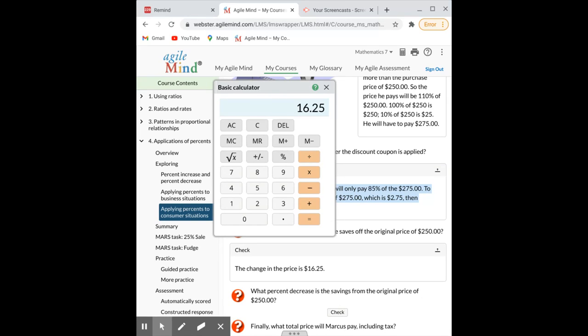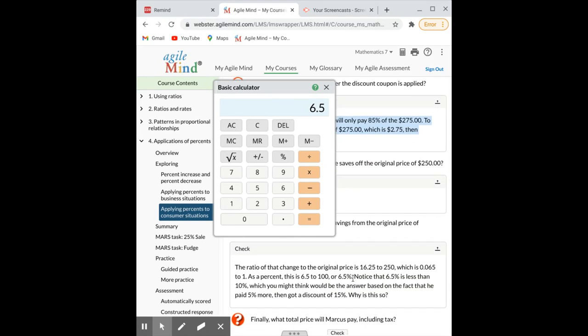And so the way we do that is we take the amount of change and divide it by the original price. So the amount of change was how much? $16.25. Correct. And the original cost was how much? $250. So I'm going to take $16.25 and divide it by 250. And when I get that, I get this answer. But then I'm going to do what Kalia said. She said we're going to multiply this by 100, and that will tell me my percent. So my percent is what? 6.5%. There you go. All right.